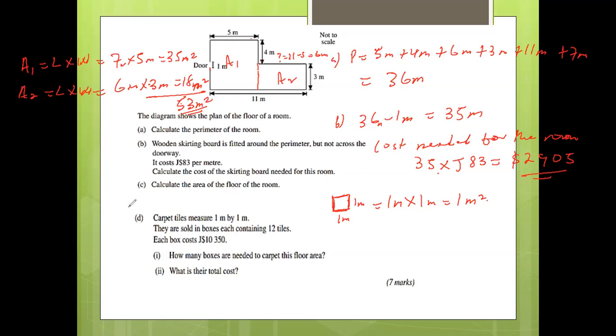Now, we find the area of the floor. The area of the floor is 53 meters square, right? So the area of the floor is equal to 53 meters square. All right.